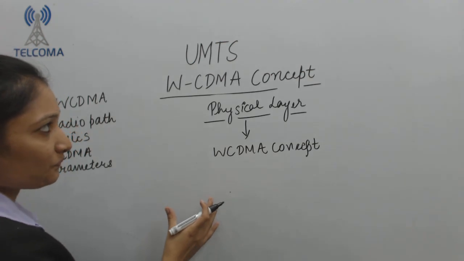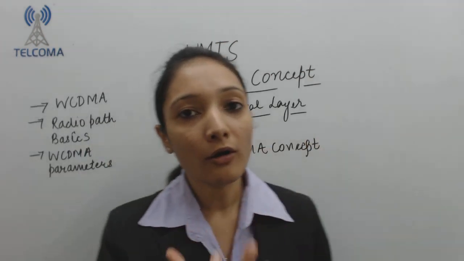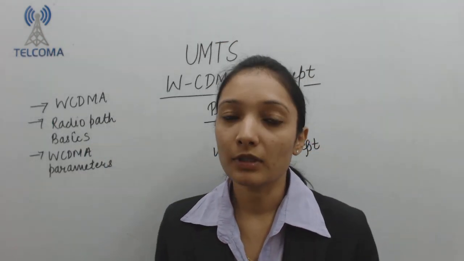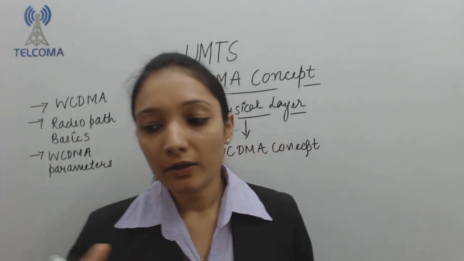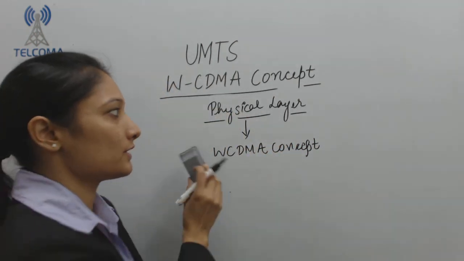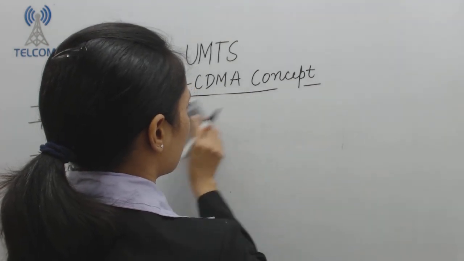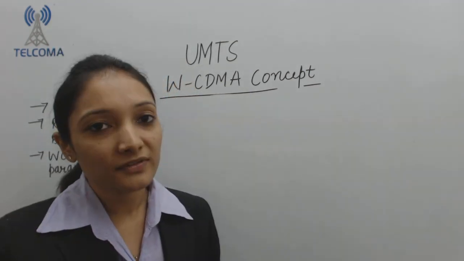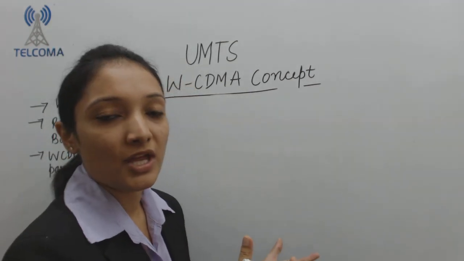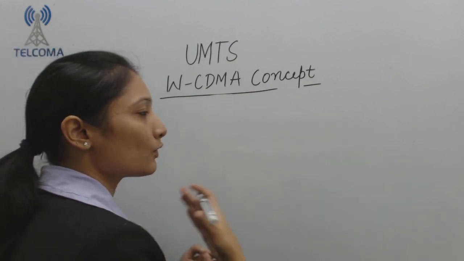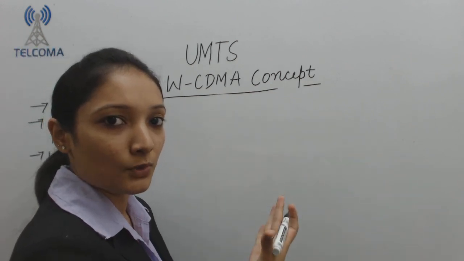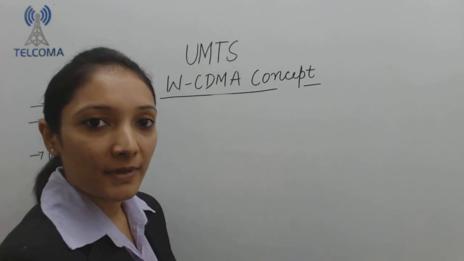Now, the physical layer of 3G networks is different from the previous technologies. If we talk about our earlier technologies, that is the previously existing radio paths, which have been implemented by the various networks to achieve the air interface between the user and the serving base stations.